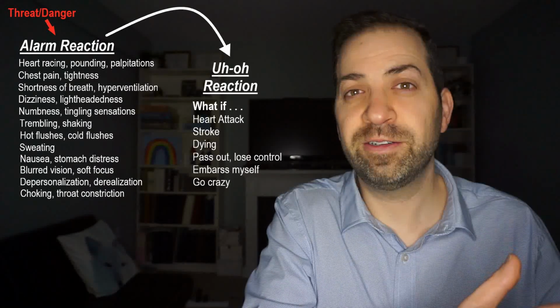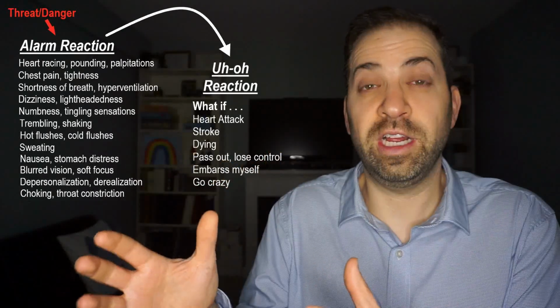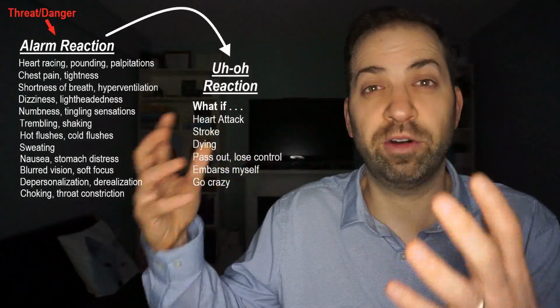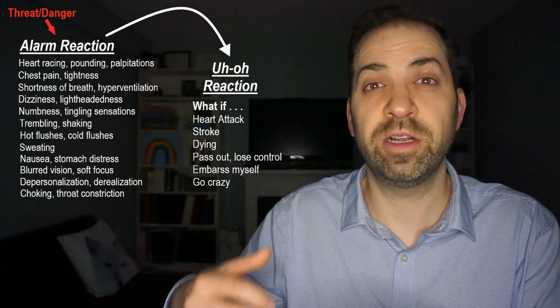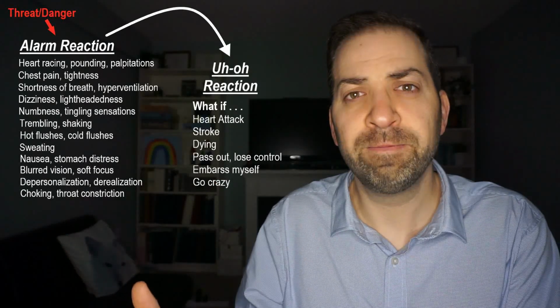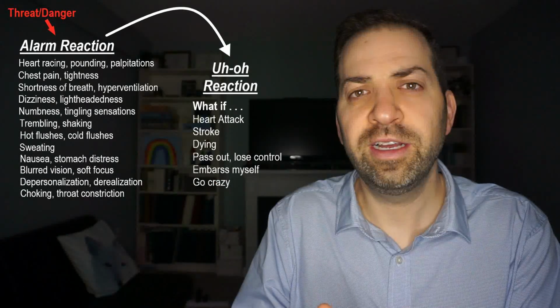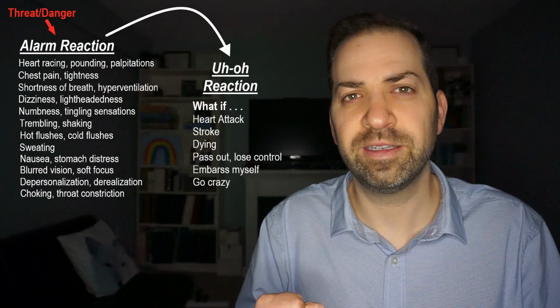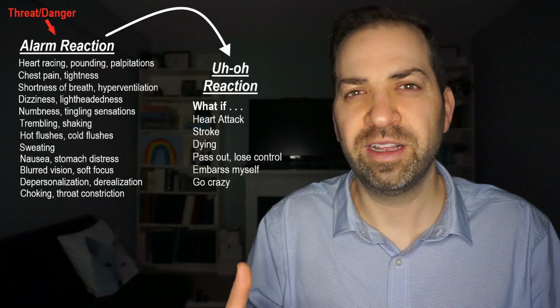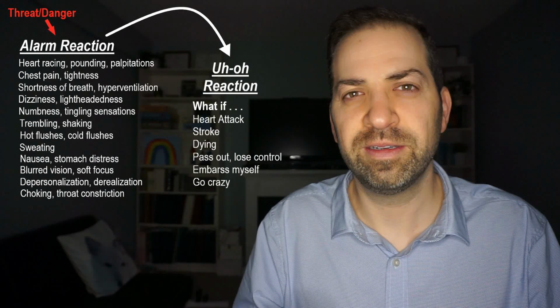So I have these physical sensations. I start to think, uh-oh, I'm having a heart attack, I'm having a stroke, I'm going to crash the car, I'm going to pass out, I'm going to embarrass myself, I'm going crazy. Well, imagine if I'm thinking those things, how am I going to feel? What's the emotion that those thoughts are going to bring up?